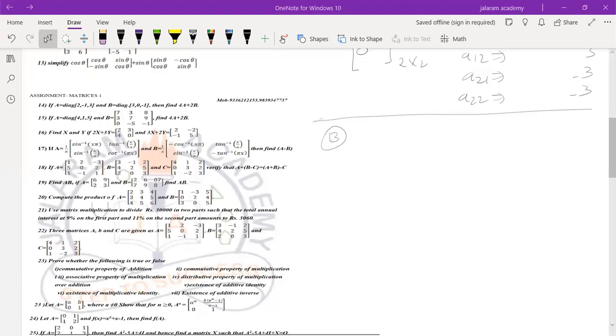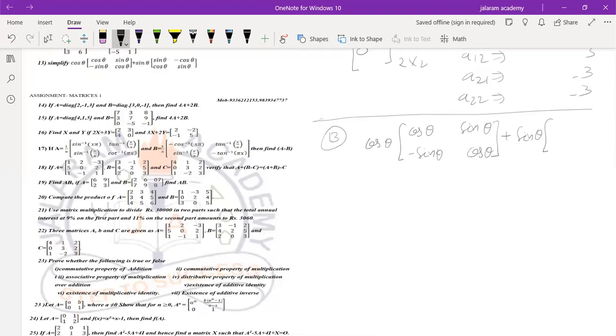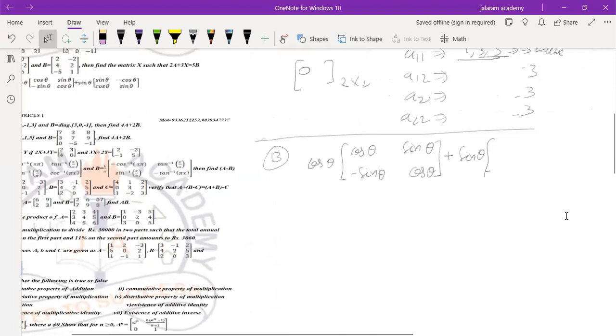Question 13. Simplify cos theta into the matrix [cos theta, sin theta; minus sin theta, cos theta] plus sin theta into the matrix [sin theta, minus cos theta; cos theta, sin theta].